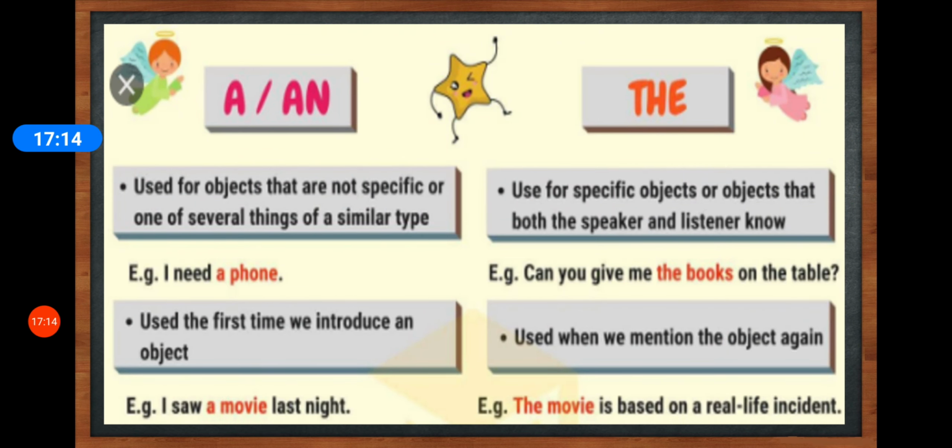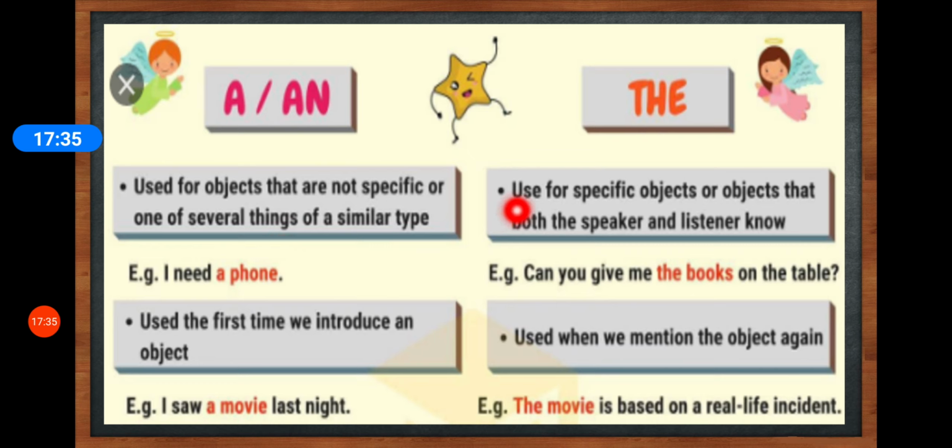Now, this is a very important point. Pay attention. A and an are used for objects that are not specific, or one of several things of a similar type. Like I need a phone. It might be any phone.